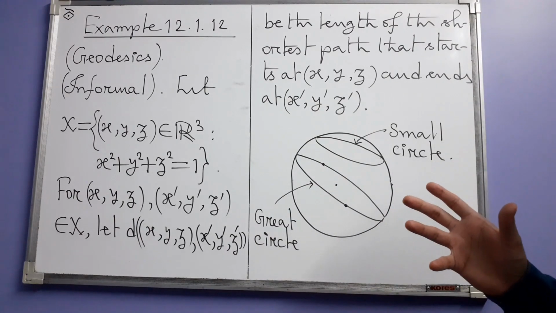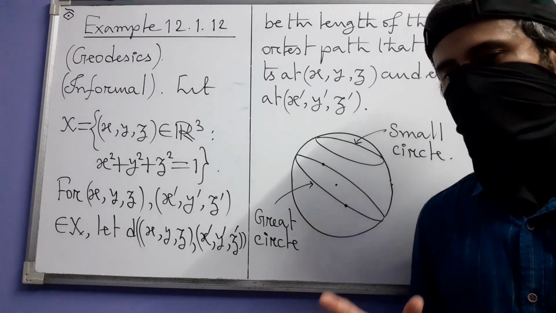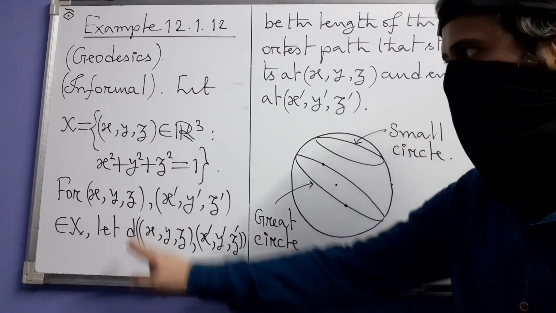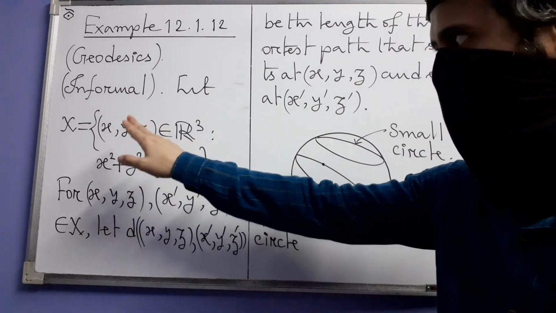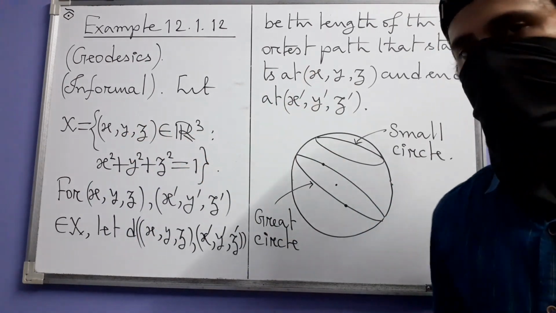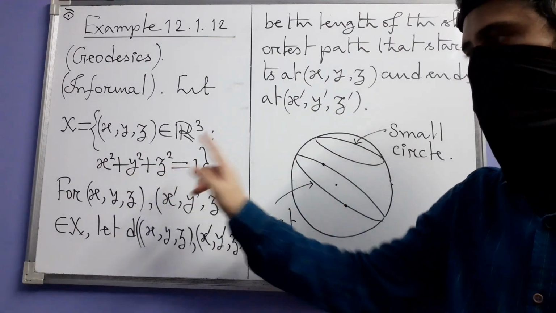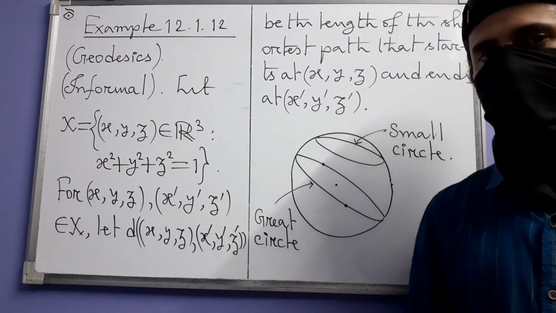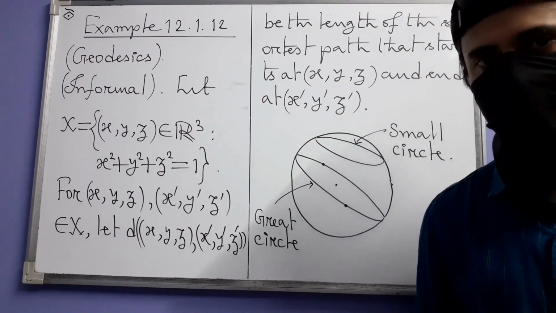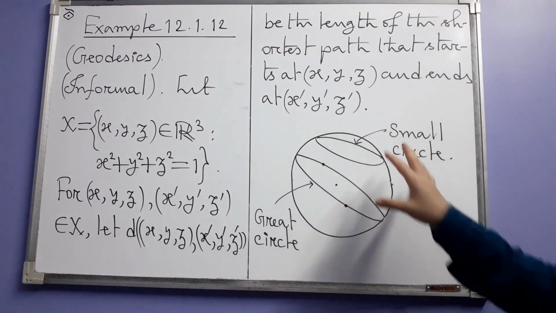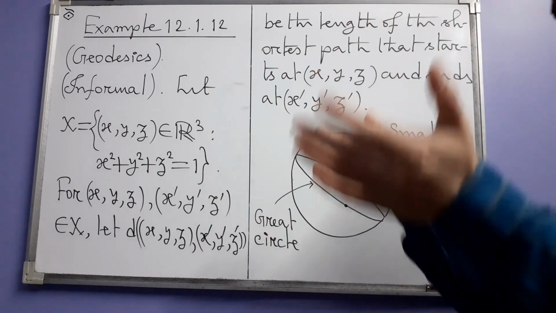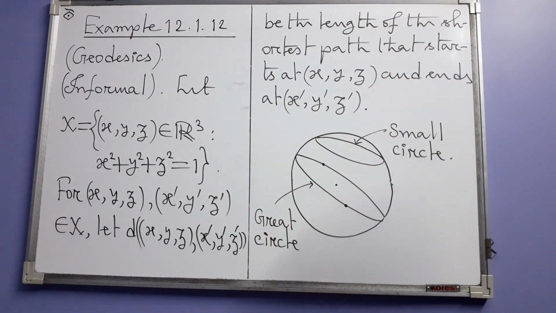So the set that we consider here is the sphere in 3 dimensions. It is the set of those points (x, y, z) in R3 such that x squared plus y squared plus z squared equals 1. This sphere of radius 1 in 3D. It's the surface, of course.